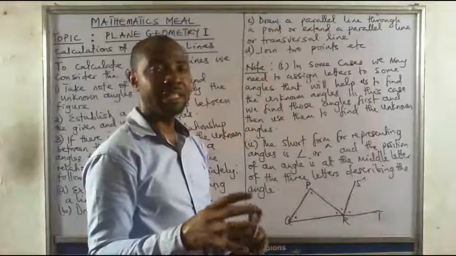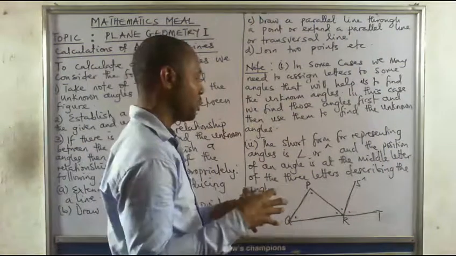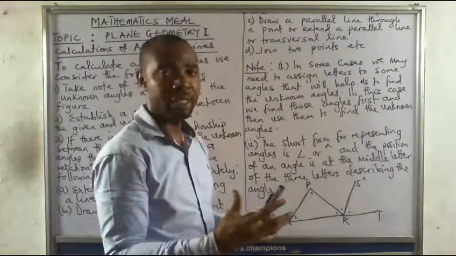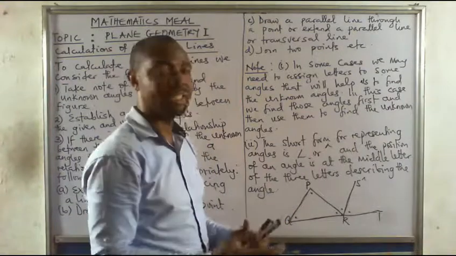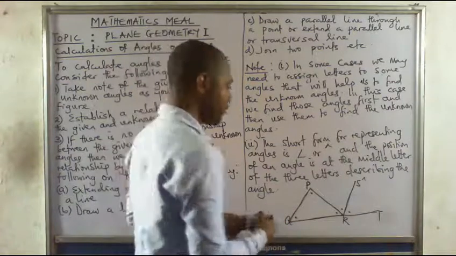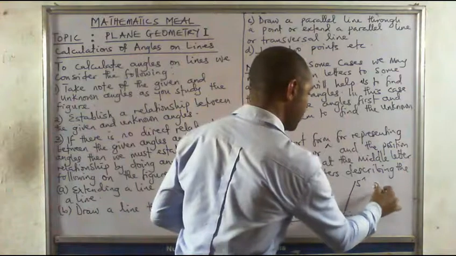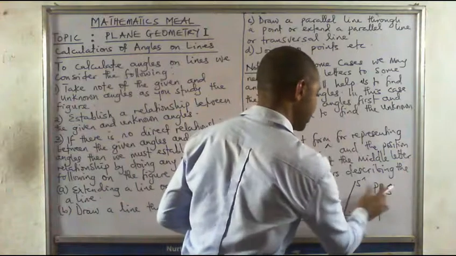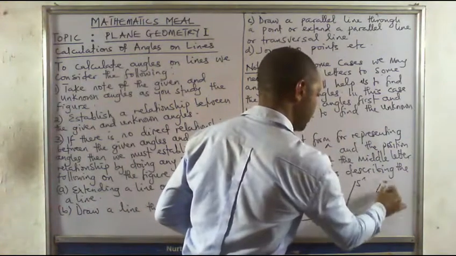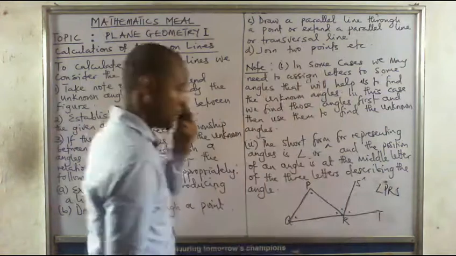Now what we are saying is that the location of the angle is at the middle letter of the three letters that are describing the angle. Let's say I say angle PRX.